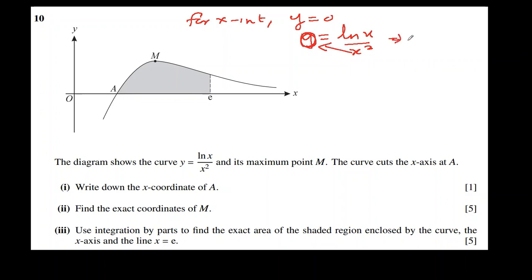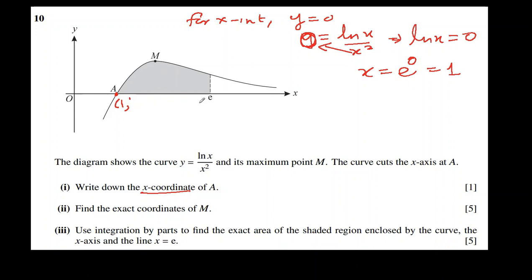So what are we left with? ln x equal to 0. To remove ln and find the value of x, we make the other side e to the power 0, which is 1. Anything to the power 0 is 1, so the x coordinate of A is 1, and they're asking just the x coordinate. Done.